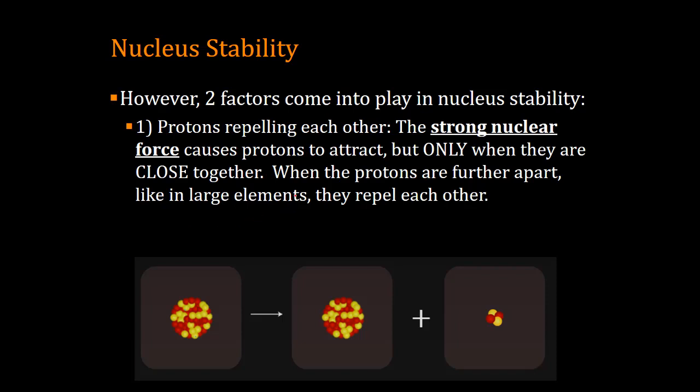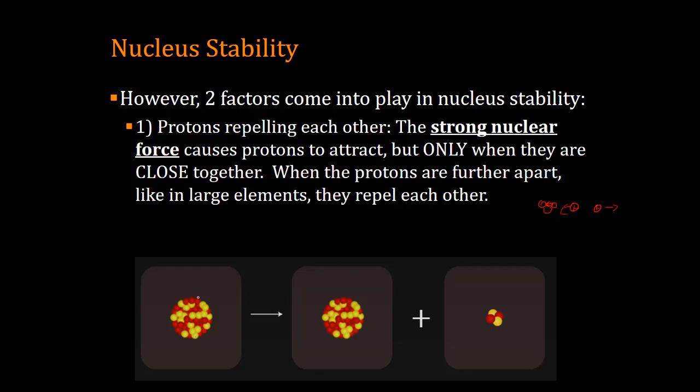So there's two things that we really have to pay attention to when we're talking about the nucleus, and that's the strong nuclear force. Remember, the strong nuclear force only acts when protons are about a proton apart or less. So if this space is fairly small, less than a proton, the strong nuclear force really wants to hold them together. But if they're fairly spread apart, then the electric force that repels them really wants them to go apart.